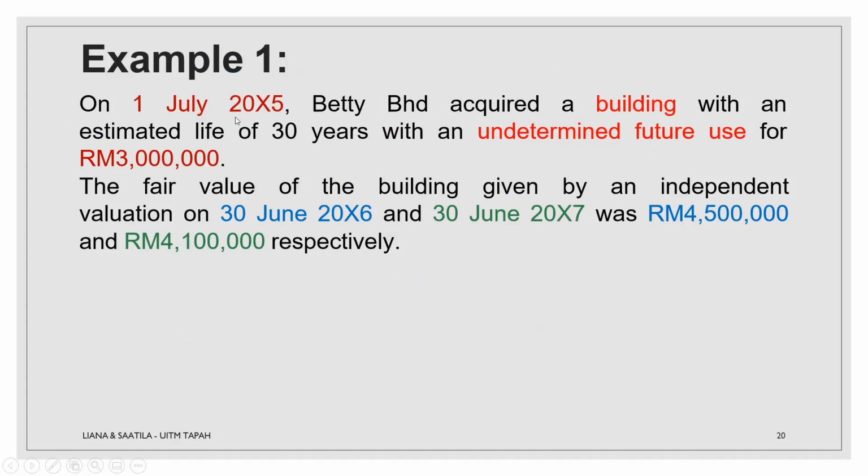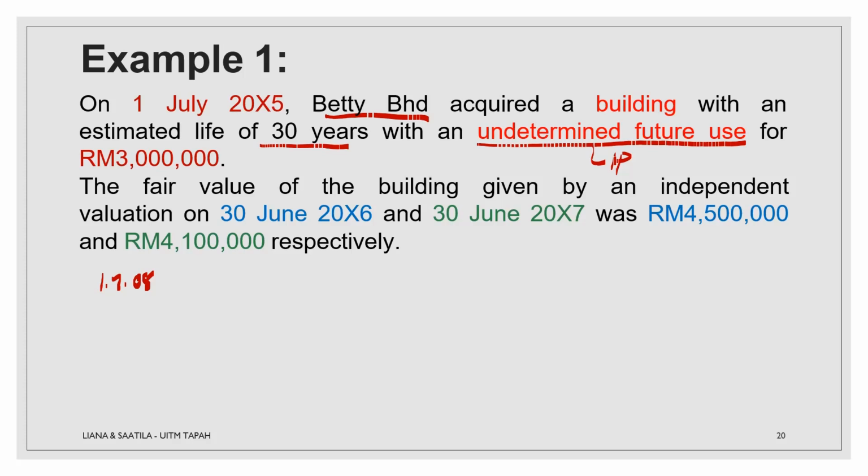So let's look at example 1, which is going to illustrate the application of the cost model and the fair value model. You have the information of a company called Betty. On 1st of July 20X5, the date of acquisition, the company acquired a building with an estimated useful life of 30 years, and that building has an undetermined future use, so it is an investment property, for 3 million.